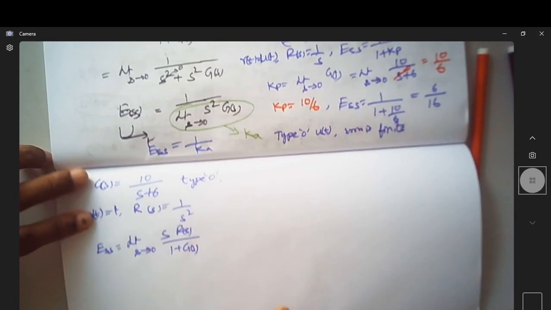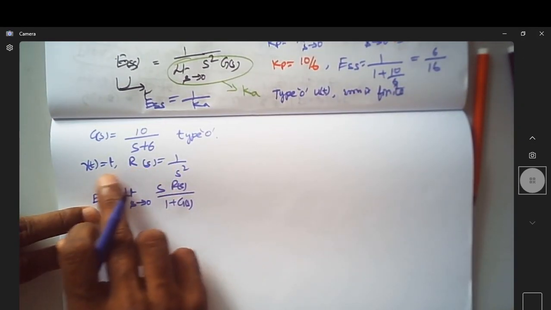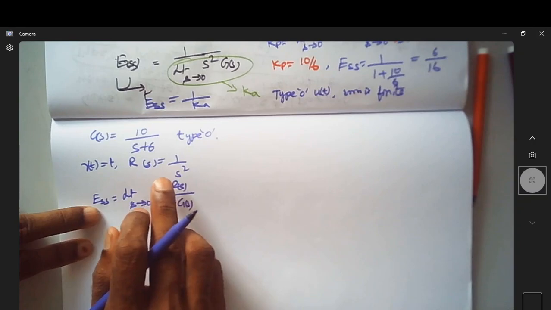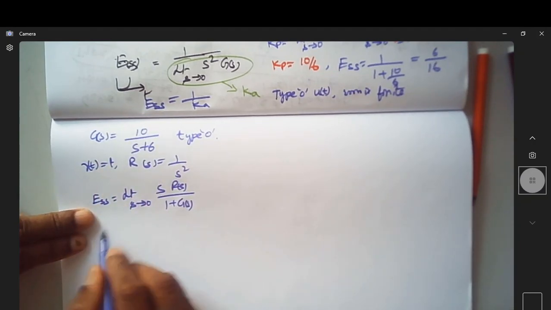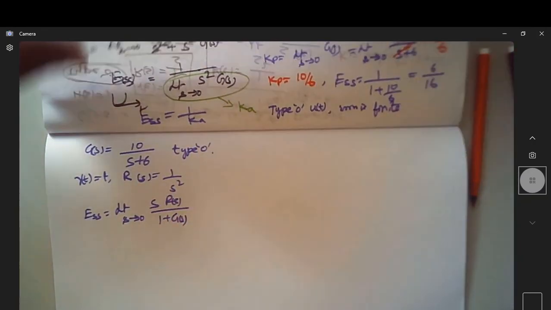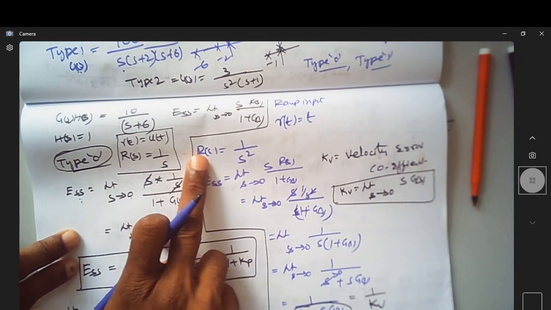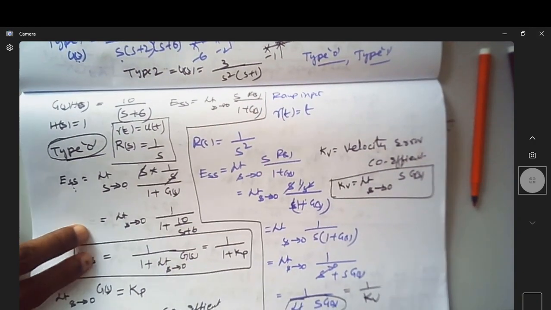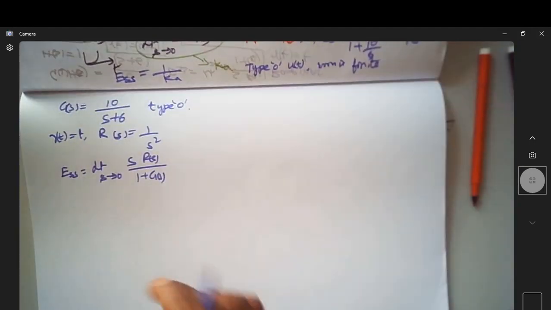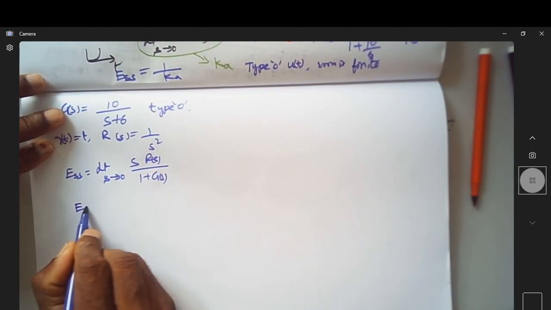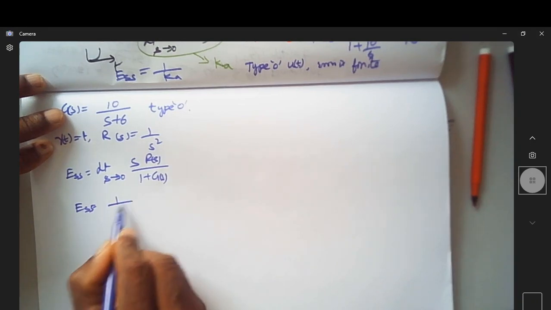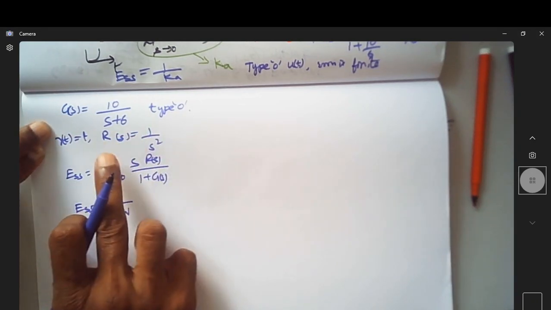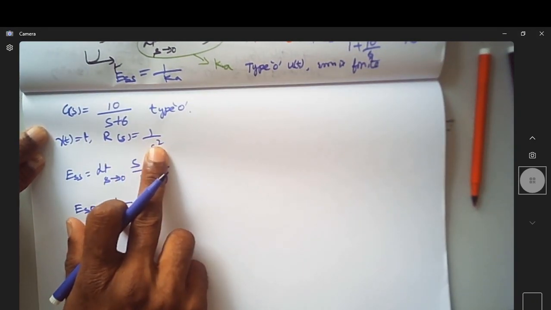So this is a general thing. Since the input is a ramp, we saw when the input is a ramp, what is the ESS? It is 1 over kV. So shall I write ESS as equal to 1 over kV for a ramp input?